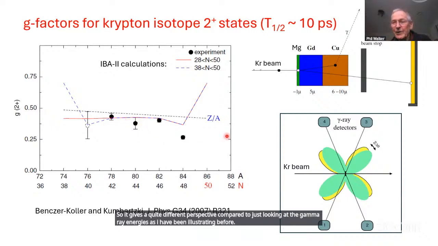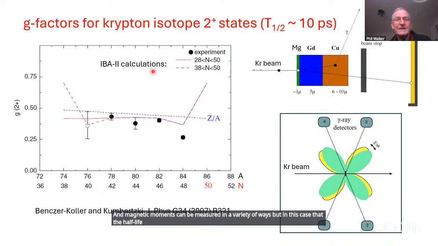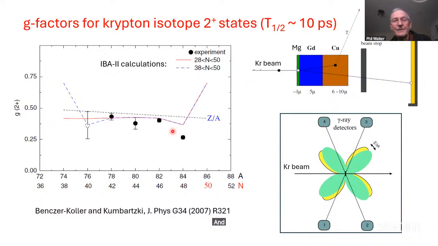And magnetic moments can be measured in a variety of ways, but in this case, the half-life of these 2+ states is rather short, of order 10 picoseconds. And in that time, the rotation is only a fraction of a revolution.